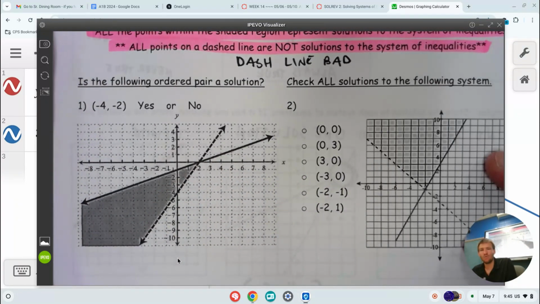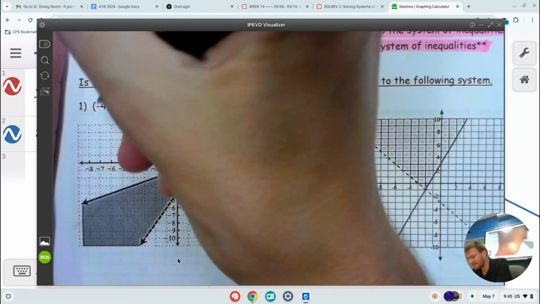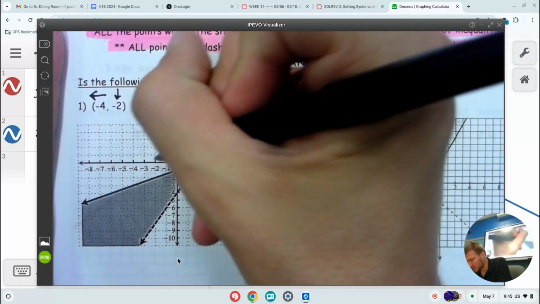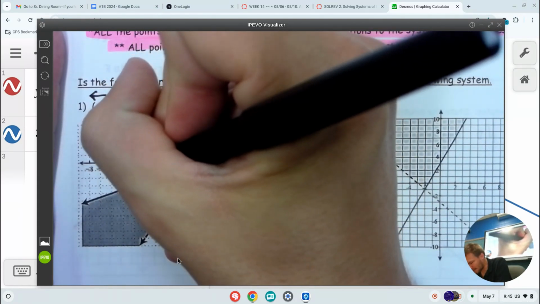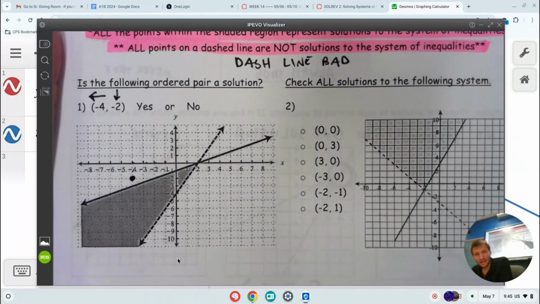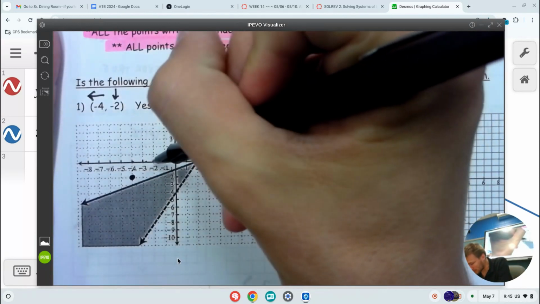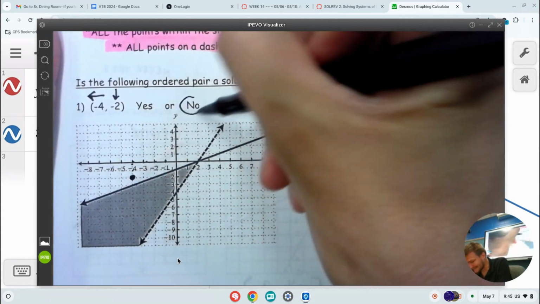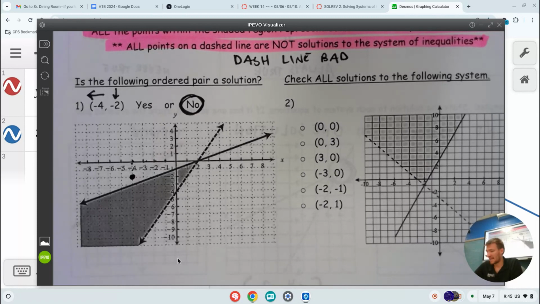It says, number 1, this is an SOL test question. Is the following ordered pair a solution? (-4, -2). That means go left 4, go down 2. 1, 2, 3, 4, 1, 2. I got it right here. And I don't think that is a solution. I went left 4 and down 2, and it is not in the correct position, right?